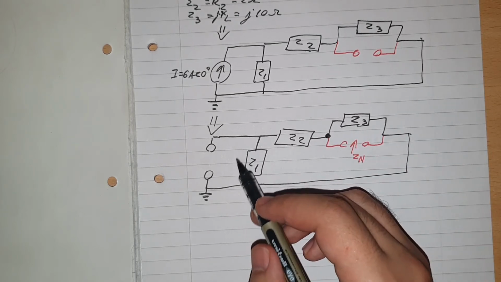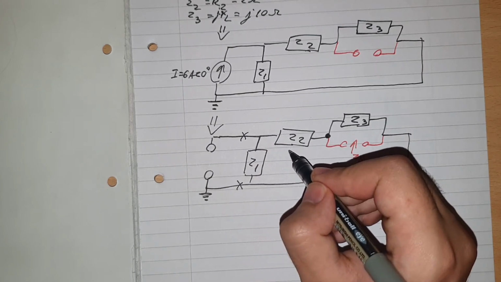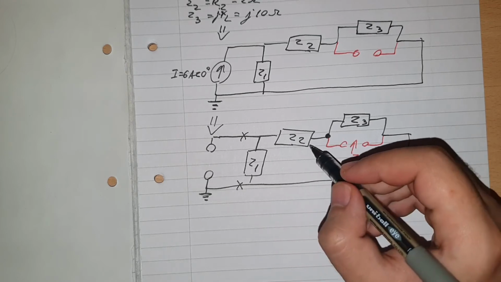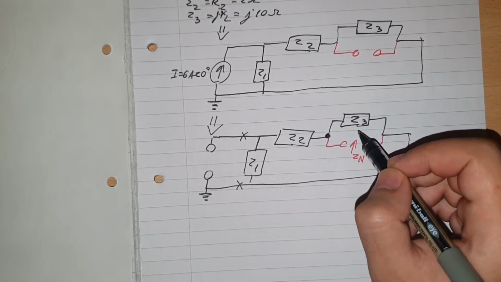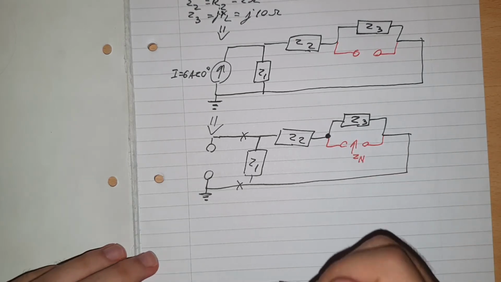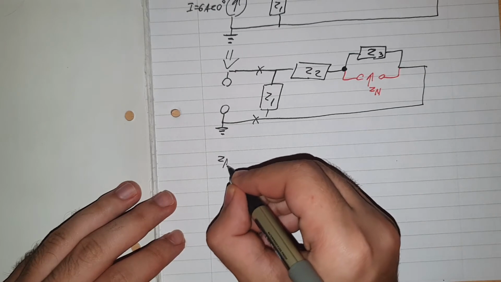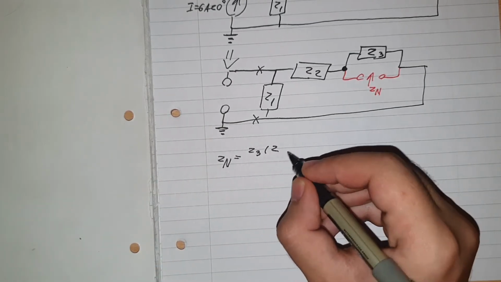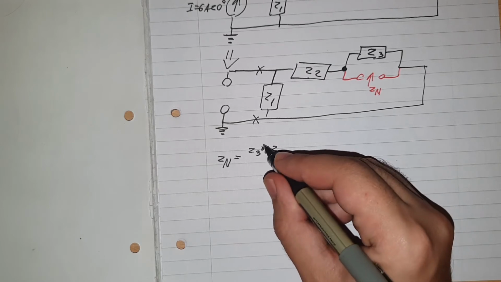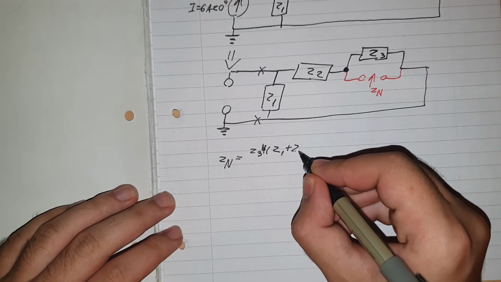Because there is nothing here and here, then Z1 will be in series with Z2, so we need to add them together, and then we need to calculate their parallel value with Z3, and then we'll find Zn. So a formula that we use would be Zn equal to Z3 multiplied by Z1, parallel with Z1 plus Z2.